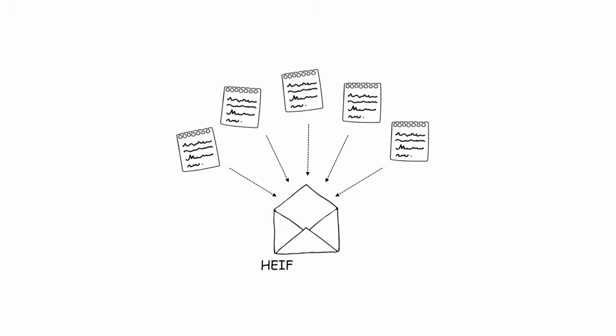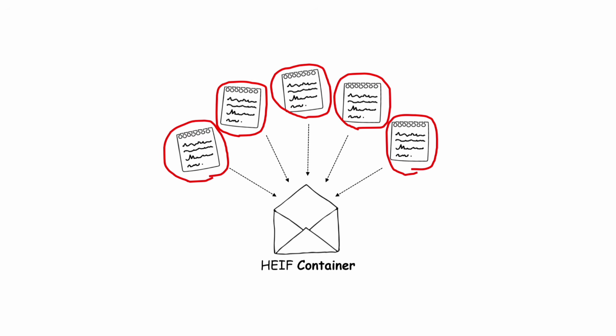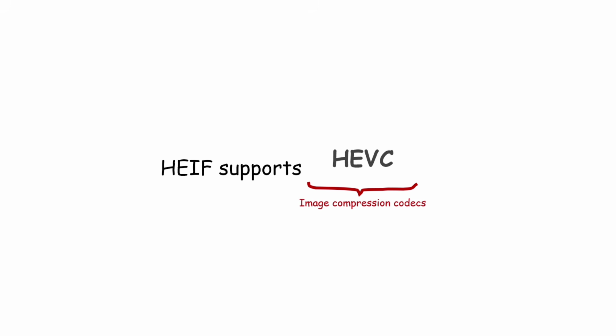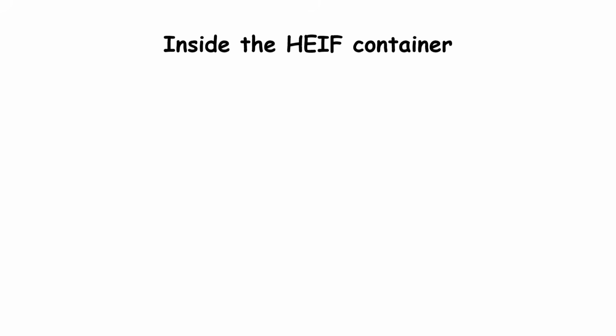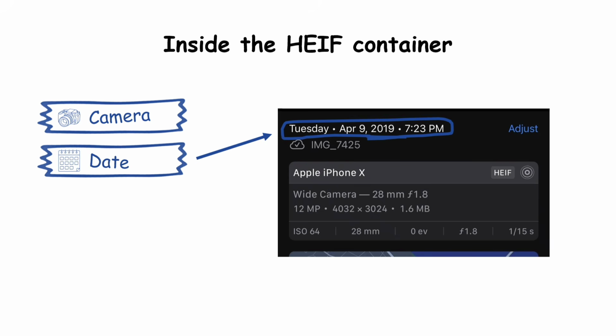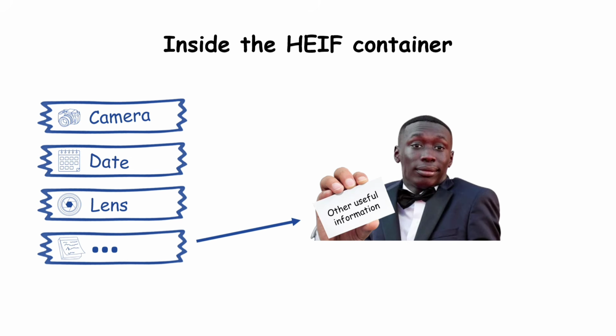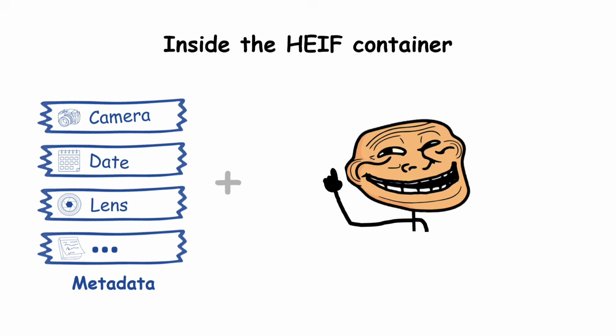HEIF is actually something like JFIF, but with a much more advanced and newer structure. It's a container with some extra information for other image formats. This container supports various image compression codecs, including HEVC, AV1, AVC, and other codecs. In short, the HEIF container stores information like the type of camera, the date the photo was taken, lens information, and a bunch of useful and sometimes essential information inside itself, which is called metadata, but that's not the whole story.